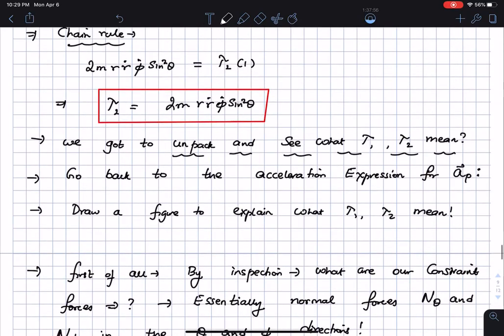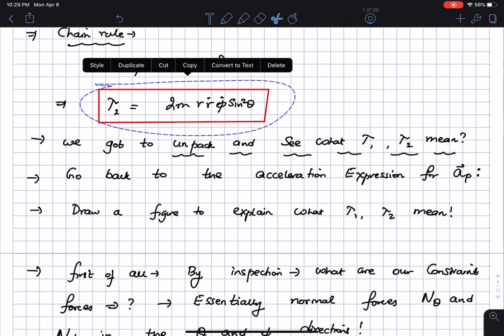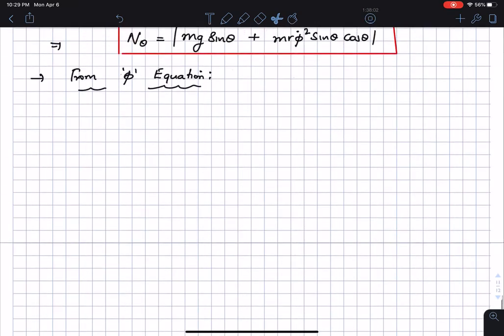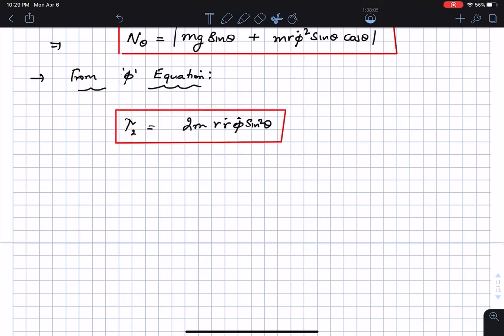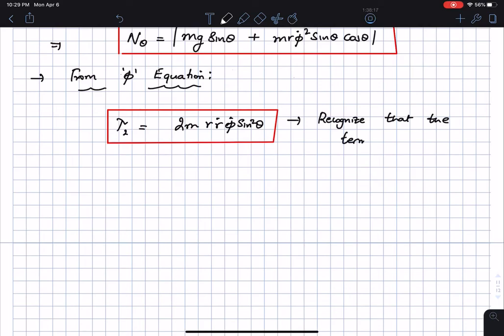Okay, so if I go back and I copy this and paste it here, we can recognize that the term 2r dot times m times phi dot sine square theta is a moment, right? Because you see that this is going to be a force times a distance r sine theta.